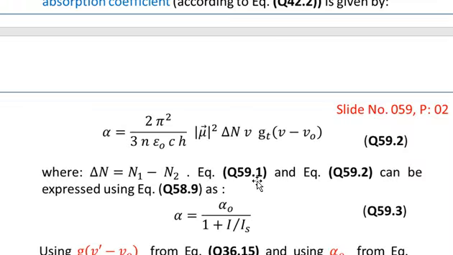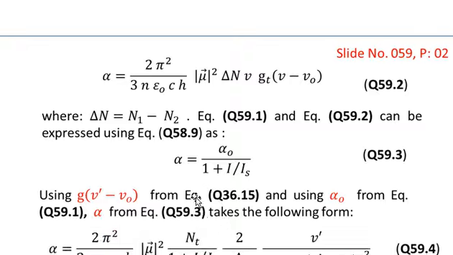Equation number 59.1 and equation number 59.2 can be expressed using equation number 58.9 as this. That is, alpha is equal to alpha naught over 1 plus I over Is.